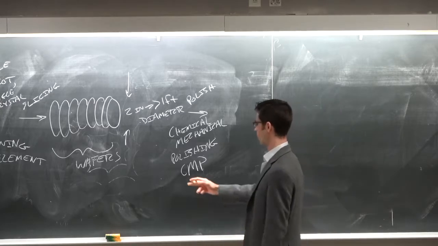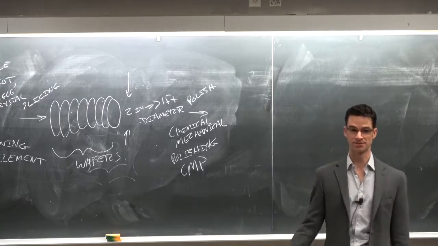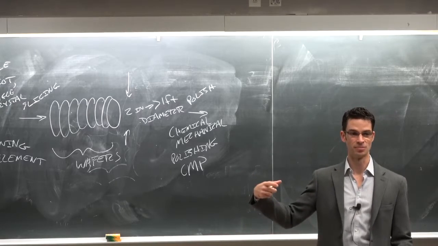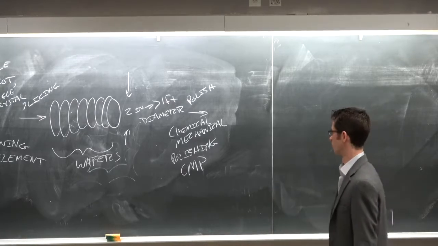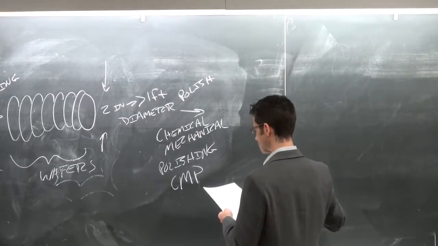And this is actually quite an active area of research within nanoengineering itself. So getting the reactivity and the abrasivity and the size of the particles right. This is actually a big business.